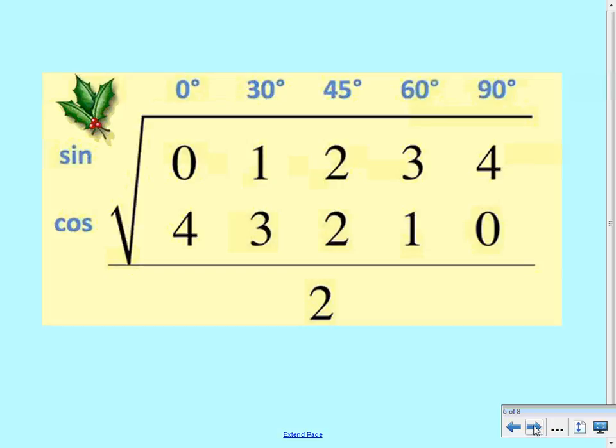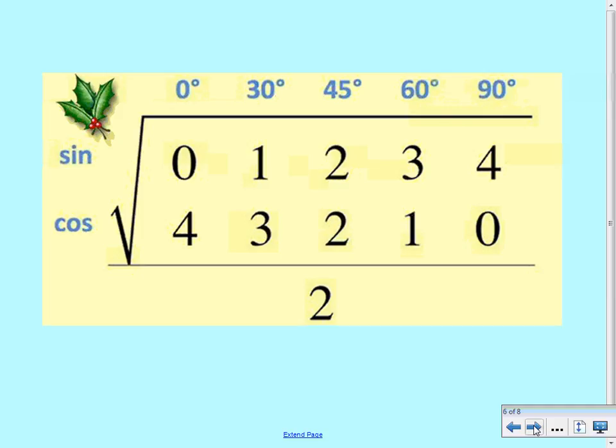All right. Now, this is kind of a memorization device to sort of clue you in. I guess you memorize this and then you know all your trig values for sine and cosine for the first quadrant, 0 through 90 degrees. I'm not a big fan of this, but you can look at this and kind of figure out how it works.